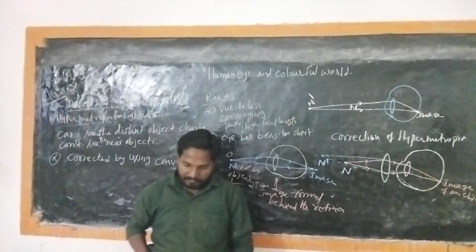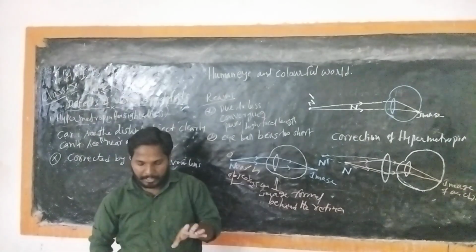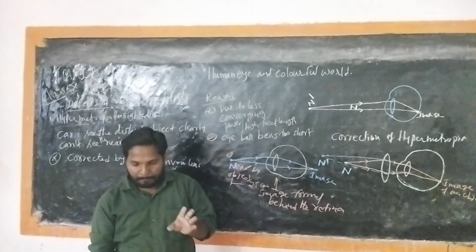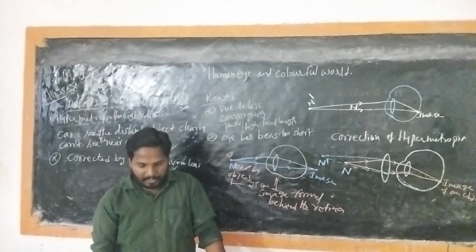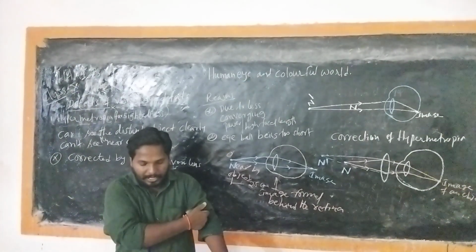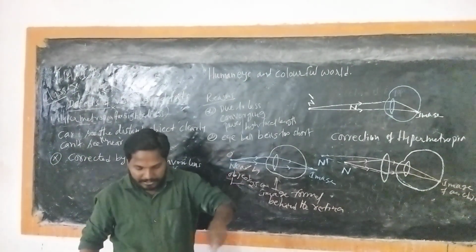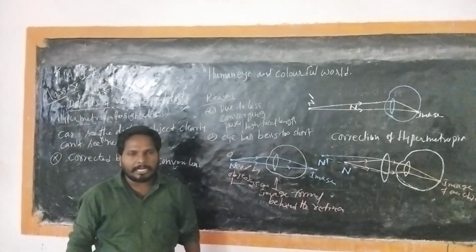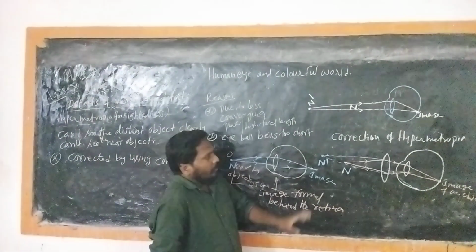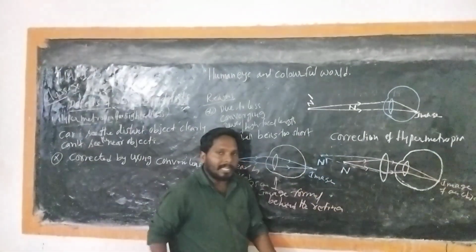This means an object placed at the normal near point can be made to appear as if it were placed at the eye's near point N dash, and then the eye will be able to see it clearly.